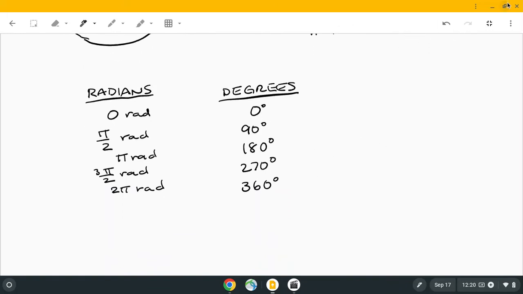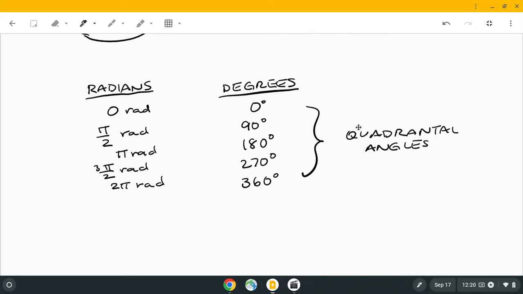These are our quadrantal angles. And hopefully you are able to say what the sine, cosine, and tangent are of all of these off the top of your head.